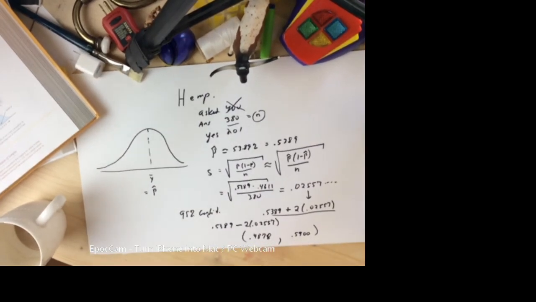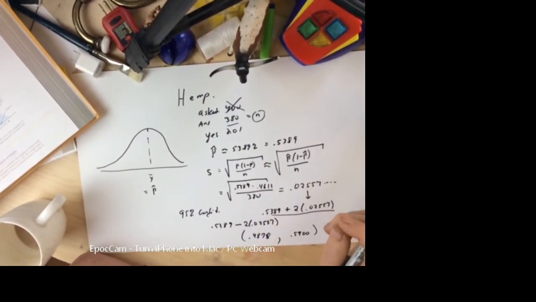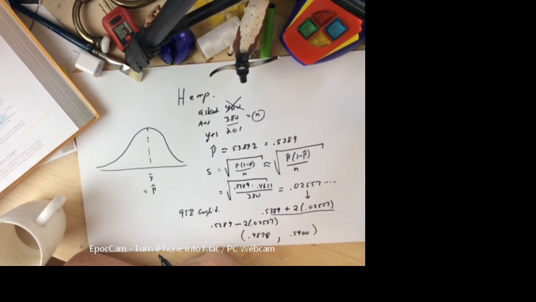And so now I'm ready to say that I believe the real percentage of people that support passing the hemp law is somewhere between 48.78% up to 59%. Unfortunately, the 50% number lands in that interval, which means I don't really know where the real population average is.